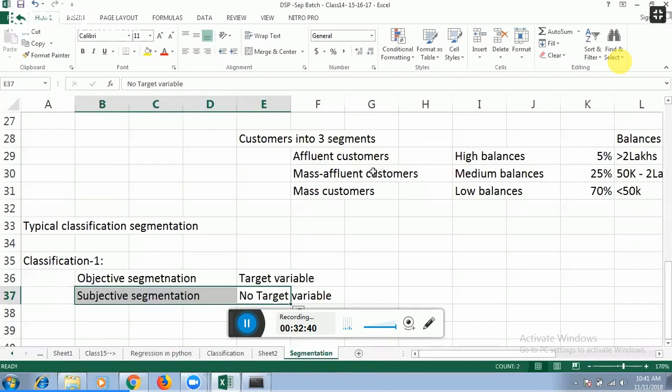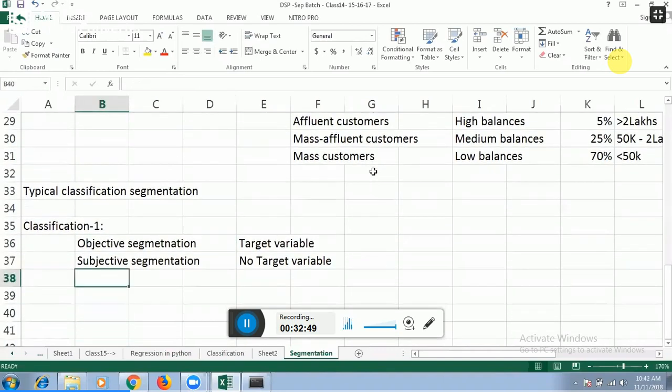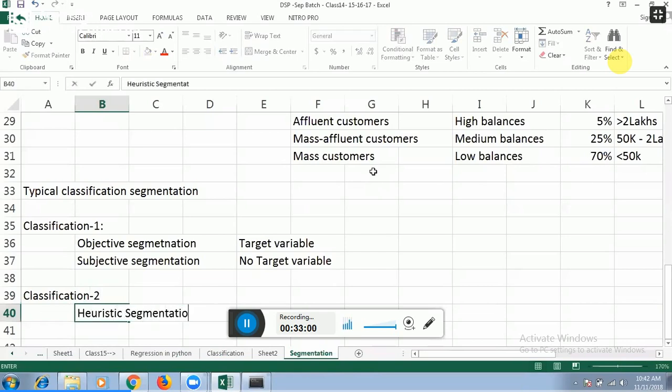Is that clear? Any questions on this? Okay, so that is objective versus subjective segmentation. And the second is heuristic segmentation versus scientific segmentation.